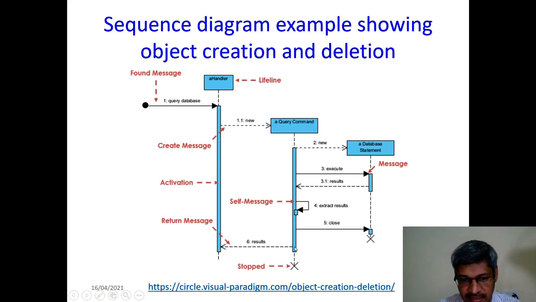Of course, once that is done, you send the results back to this A handler, and that makes it inactive. The handler gets those results, so the return message is there. Then this query command can be destroyed, it is stopped. So the object is destroyed here.